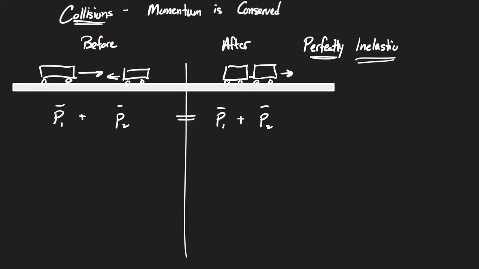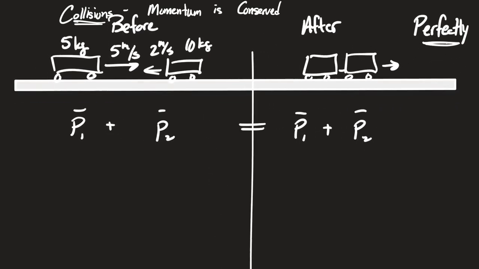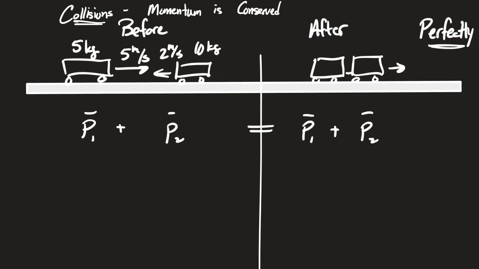Numbers to this, let's say that the first car is 5 kilograms and it's traveling at 5 meters per second, and the second car is 10 kilograms, traveling the other direction at 2 meters per second. So we've got some numbers to work with here. Conservation of momentum generates one equation.